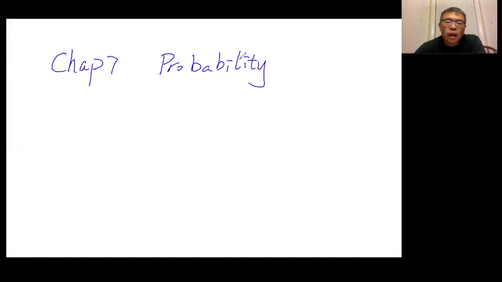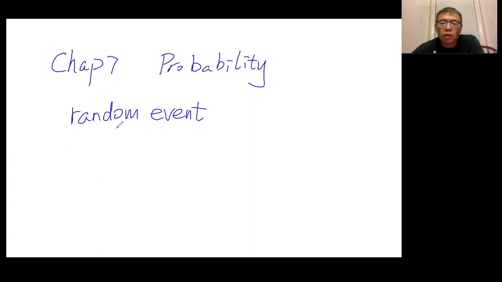Now, exactly when do we need probability? Actually, we need probability for random events. A random event is defined as: you do something and there are several possible outcomes, but you do not know which one is going to come out.